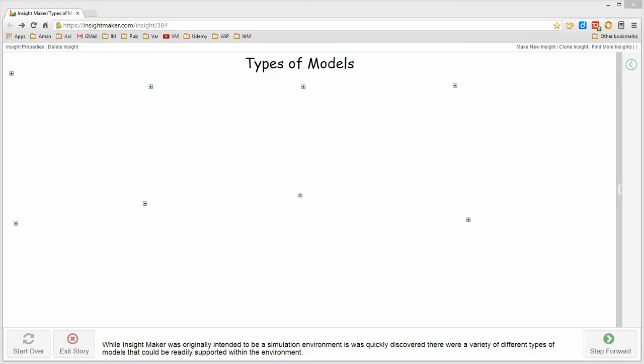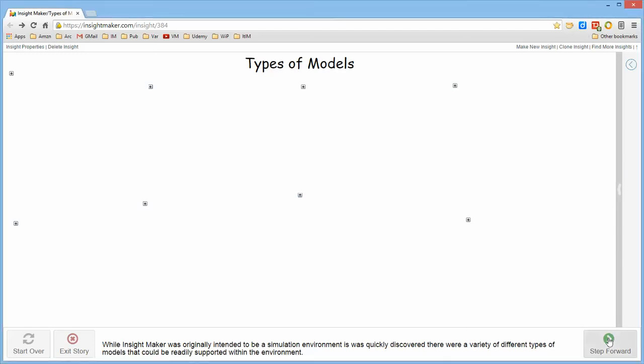Now, while Insight Maker was initially designed as a continuous simulation environment, we quickly learned that by relaxing a few of the rules, we could develop numerous different types of relationship models, which could be used in different situations to help promote understanding in various different ways.